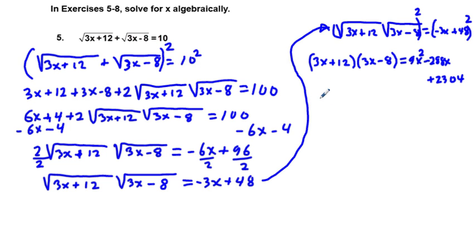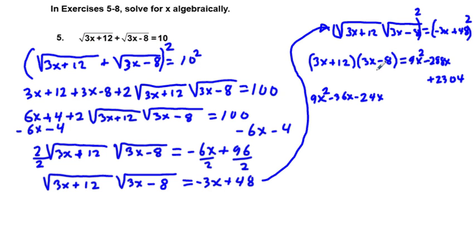3x times 3x, so we're going to have 9x squared, and we're going to have minus 36x. This is the left side I'm working out here. Minus 8 times 3, which would be minus 24x.